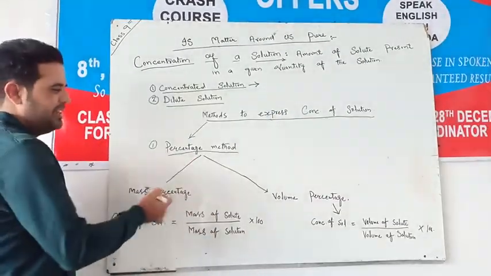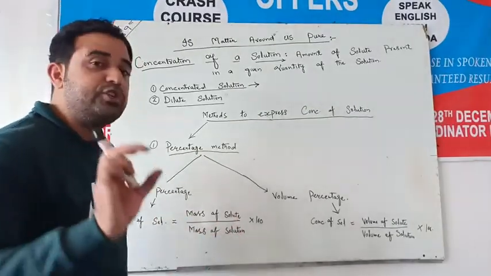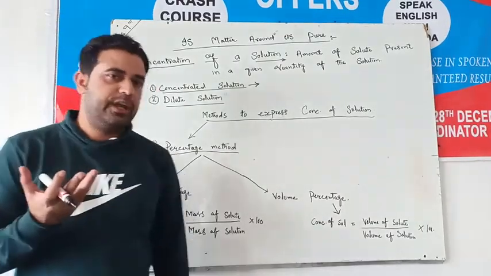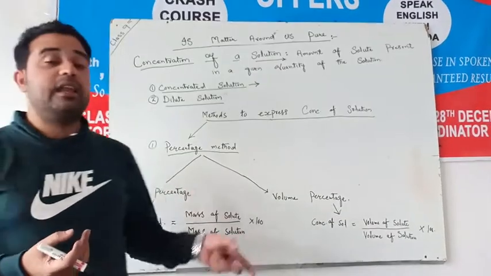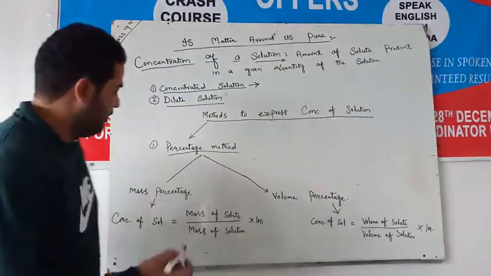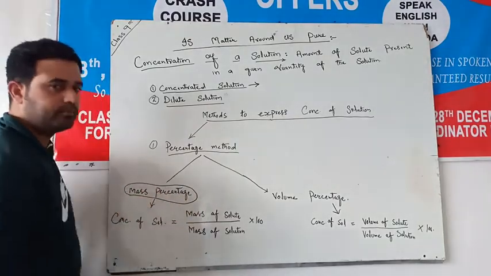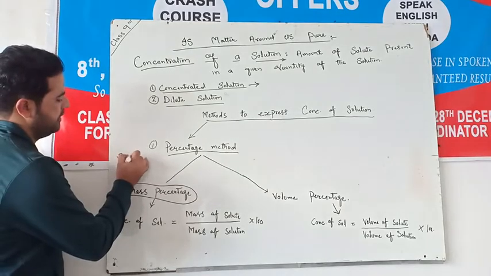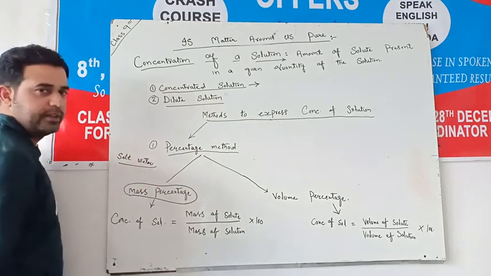Now, this percentage method is of two types. It depends upon the choice of the solution. If we have a solution in which a solid solute is dissolved in a liquid solvent, then we use the mass percentage method. For example, salt water is a solution.